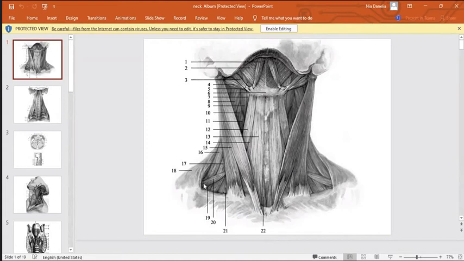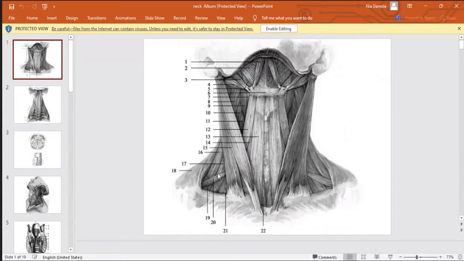Platysma also lies here. Below this layer, we have a second fascia, so superficial layer of the proper fascia. Below it, we have deep layer of the proper fascia. And also in this triangle is present the prevertebral fascia, fifth fascia.